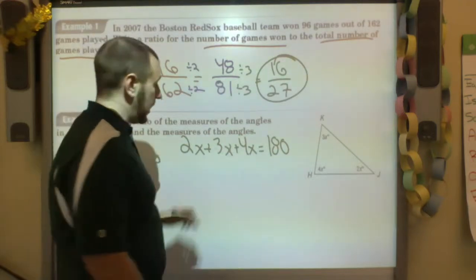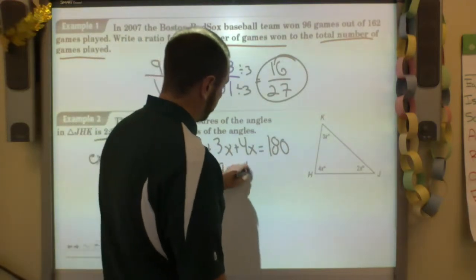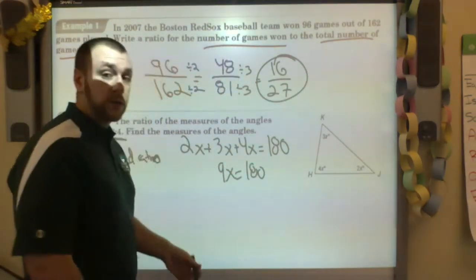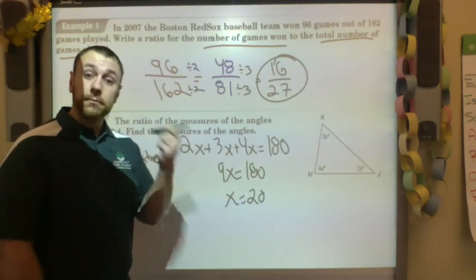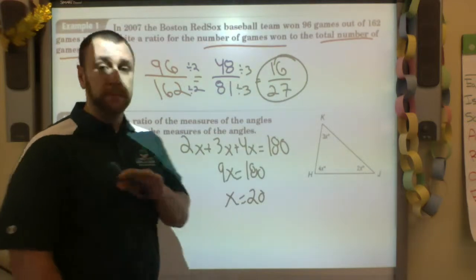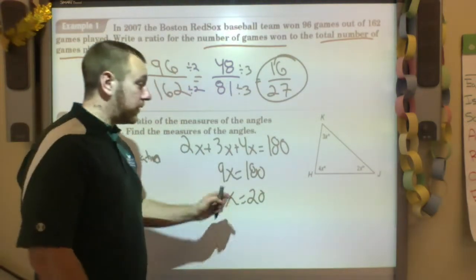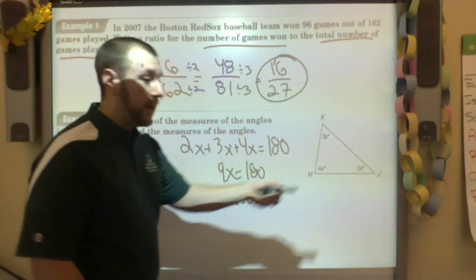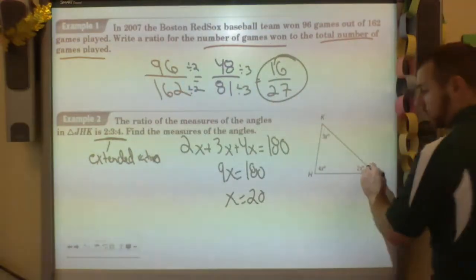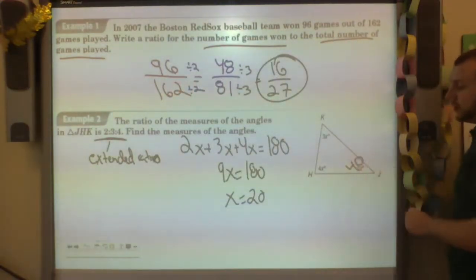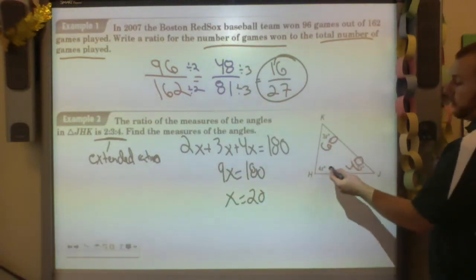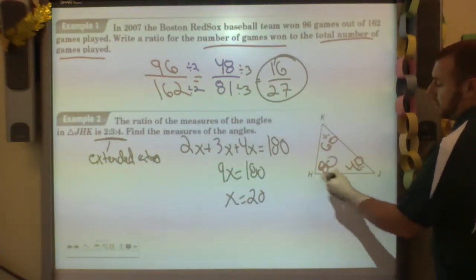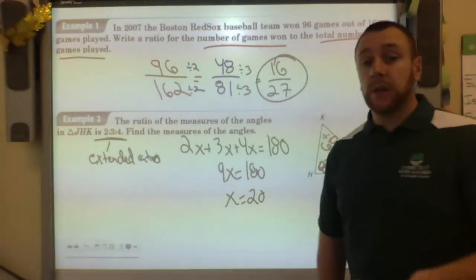Now I add those together, so now I have x is 20. Is that the measure of the angles? No. The measure of the angles is when I take that and plug it in. So 2 times 20 is 40, 3 times 20 is 60, 4 times 20 is 80. So that's how I set those up.